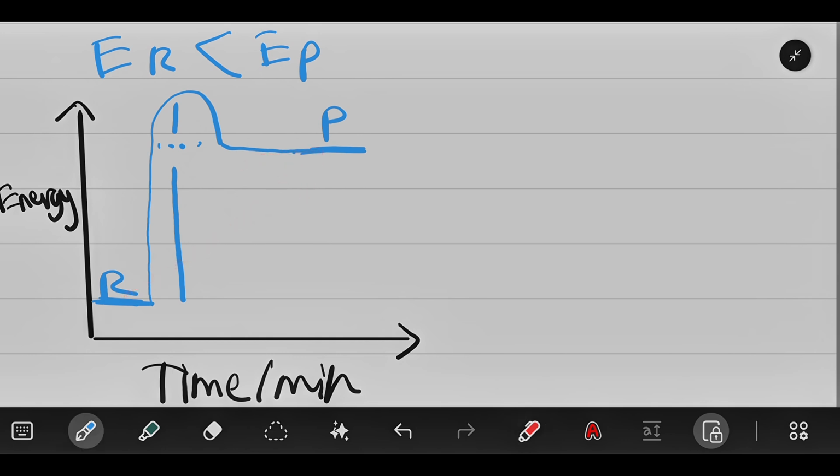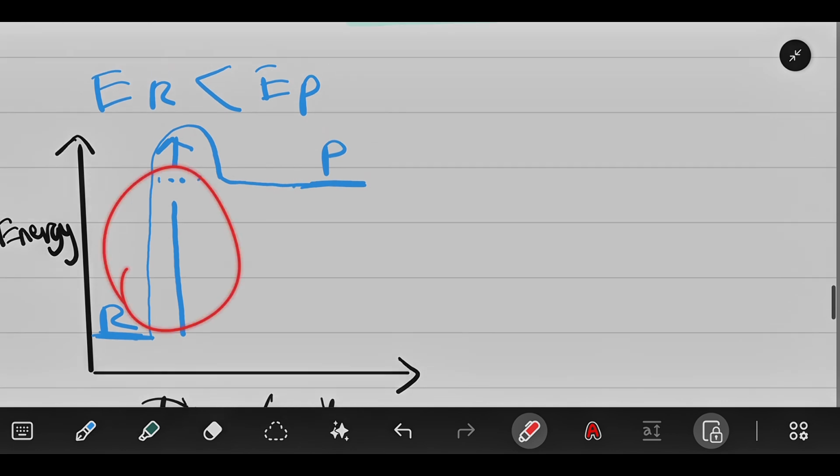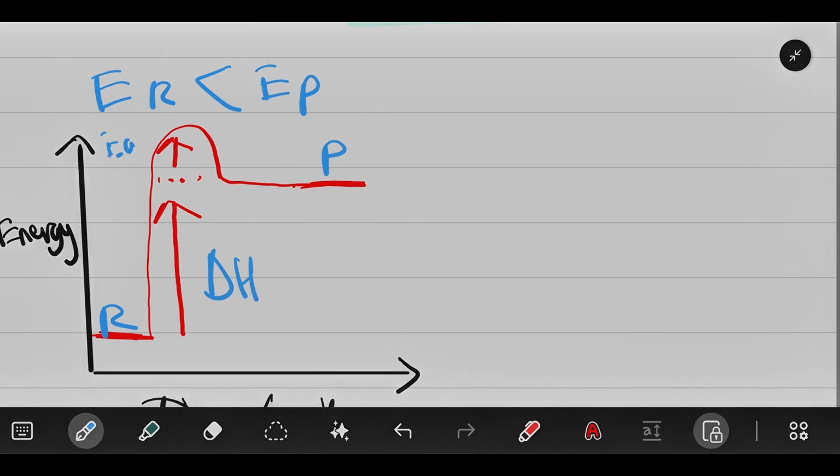So the activation energy is going to be pointing upwards because we discussed earlier as well. And because you are increasing the reactants' energy in this part of the graph, this will also be an upwards arrow. This is our activation energy, and this is our delta H, the enthalpy change.